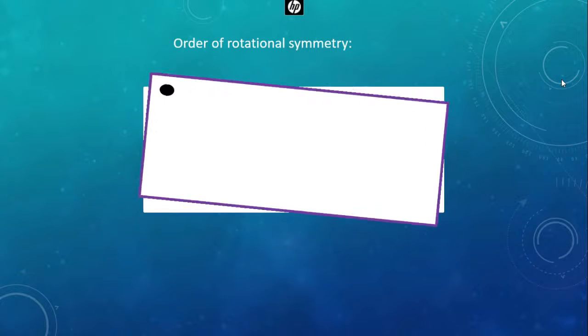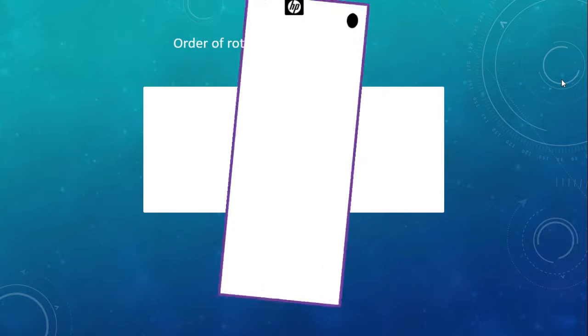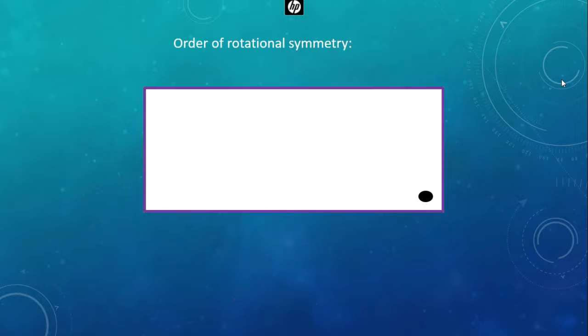It doesn't look like the same shape at the moment until I get to here. Now when I get to here, I'm not back to the start because my black spot is down in the bottom right corner. I have managed to rotate it round once, and it still looks like the same original shape.